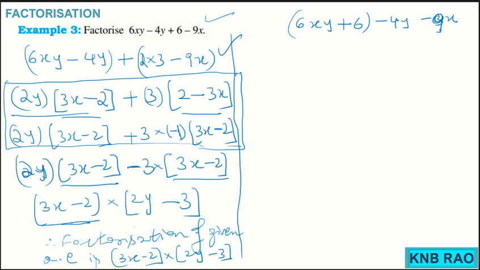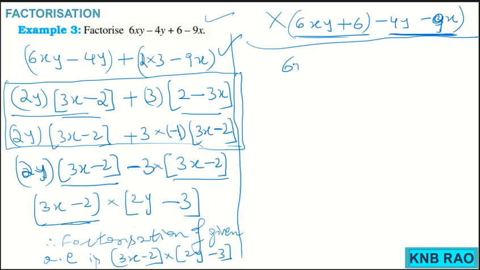Here, if you regroup this way, can we factorize it? Can we factorize them? No, you cannot factorize these 2 terms, there is nothing common, though there is something common between 6xy and 6. So, here we will fail.